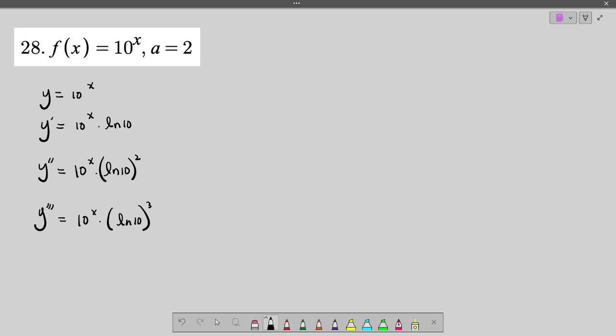Because it's a constant times 10 to the x, that constant just drifts down, so you're only needing to differentiate 10 to the x again. The derivative of 10 to the x is 10 to the x ln 10. But it's going to be ln 10 squared now, because when you differentiate this, the derivative of 10 to the x is this, but then you also have that from prior, so it's multiplication.